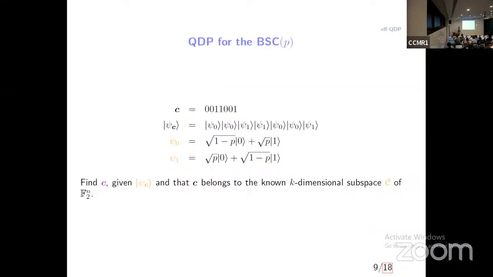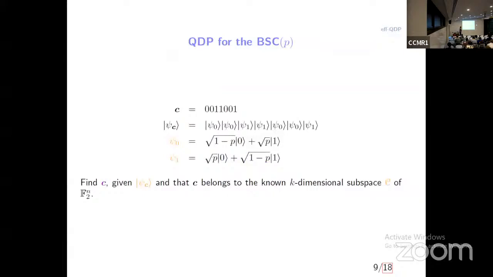Can you do better quantumly by solving a quantum decoding problem? Well, for the quantum decoding problem, there is a regime of parameters for which you can solve it in polynomial time. And it is easy to see why this works. Because what do you have right now?